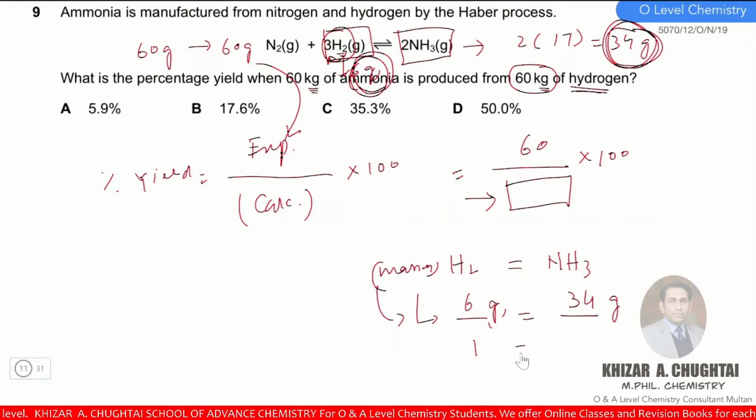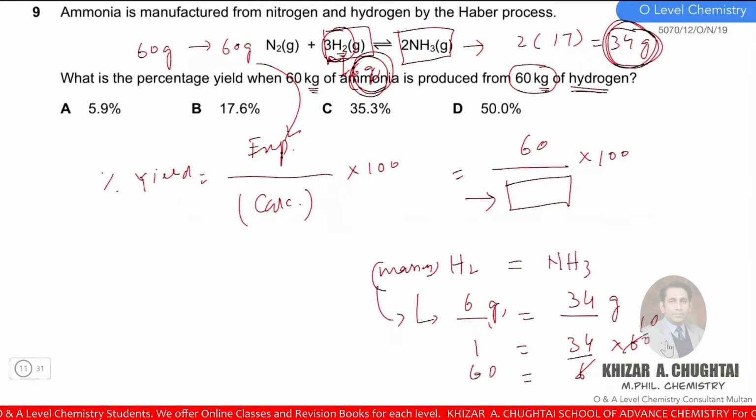If we are using 1 gram, how much ammonia should be there? 34 over 6, and at the moment we are using 60, so multiply by 60. So you can say 340 gram, or you can say the kilogram, should be formed in this case.